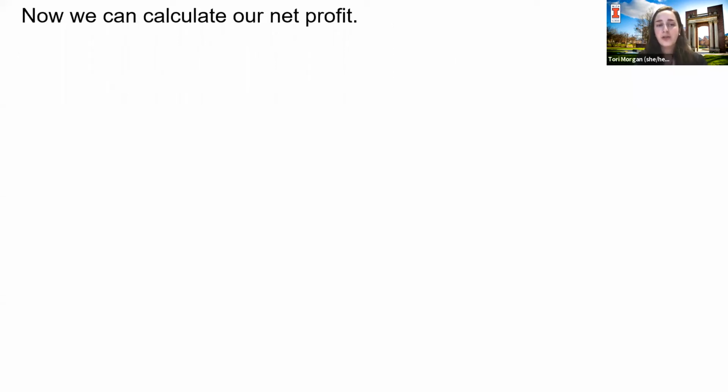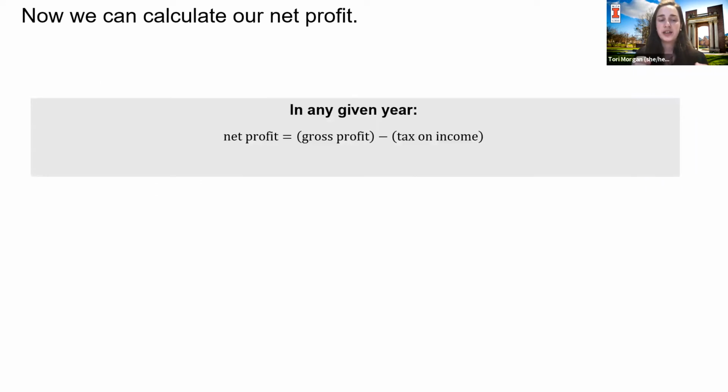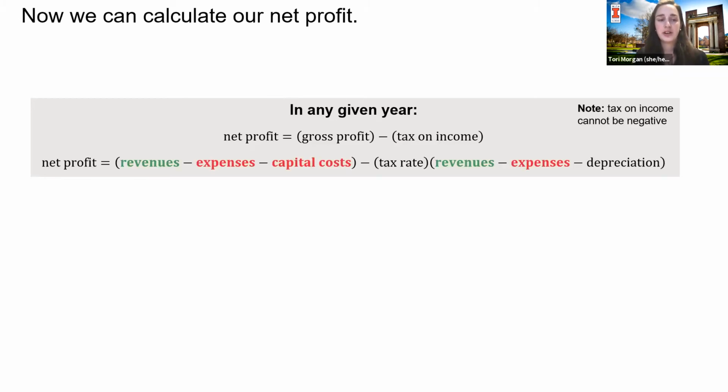So now that we have all of our factors and we have our cash flow diagram, we can calculate our net profit, which in any given year is the gross profit minus the tax on income. We can expand that further to see that the net profit is the revenues that we accounted for in the cash flow diagram, minus the expense cash flow streams, minus capital costs.